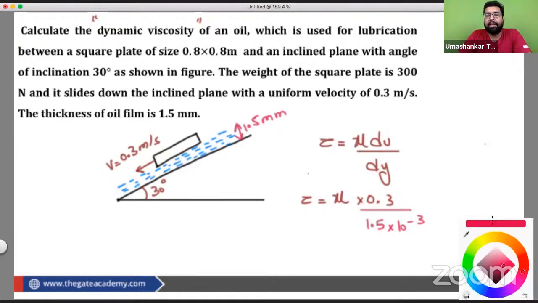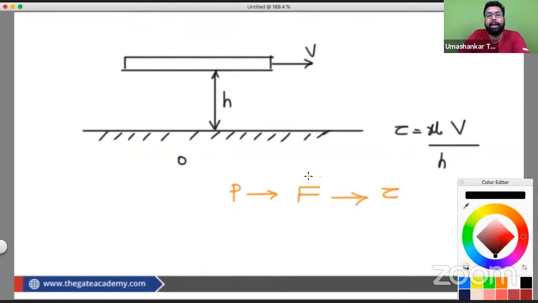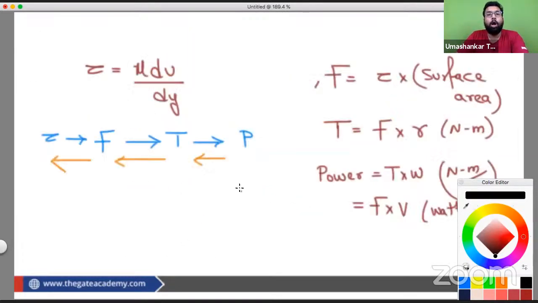So if we see, this is the weight of this plate, right? Weight always acts upside down. Now please remember the force we are talking about. What is this force we are talking about? Remember, a very important point in which students get confused.